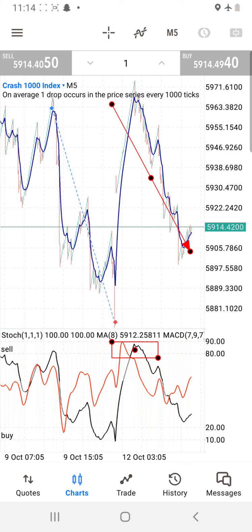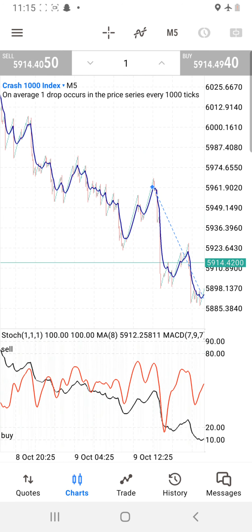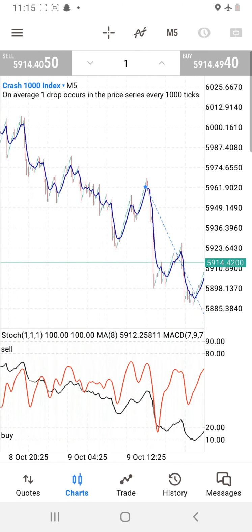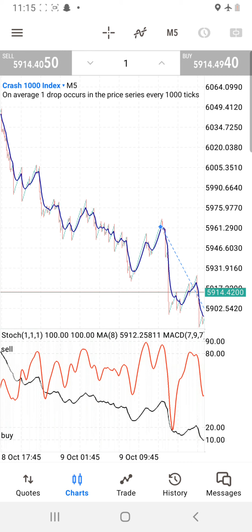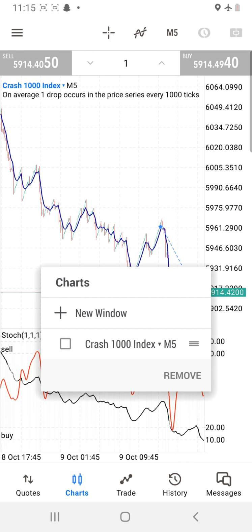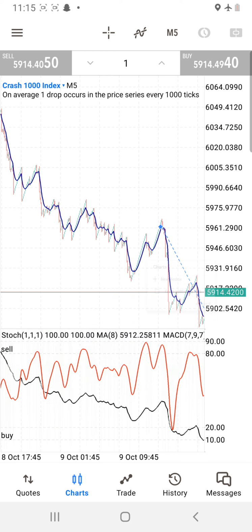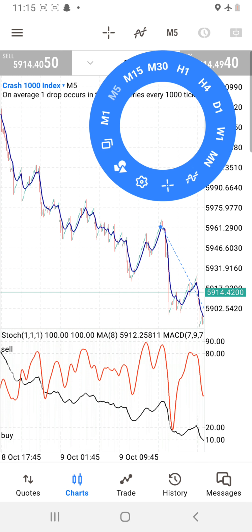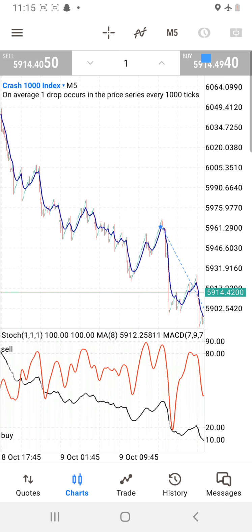The same concept is true even if you want to enter into a buy trade. You still have to go through the same things. Number one, you first identify your trend. Once you've identified your trend, you're going to come to your stochastic oscillator, your indicator window 1, and you're going to look for when the red and the black line meet while in the buy zone.